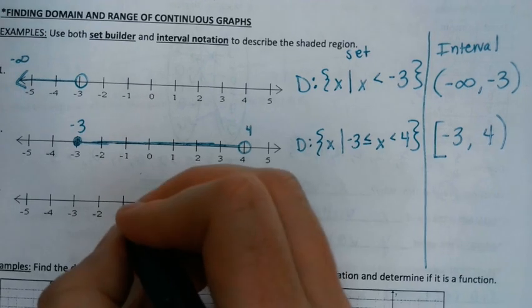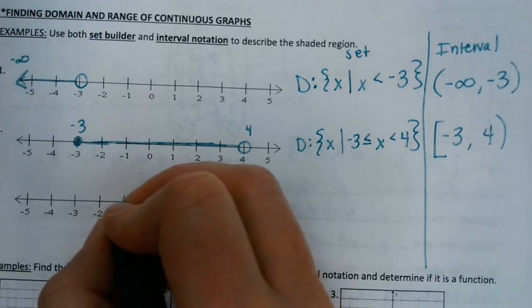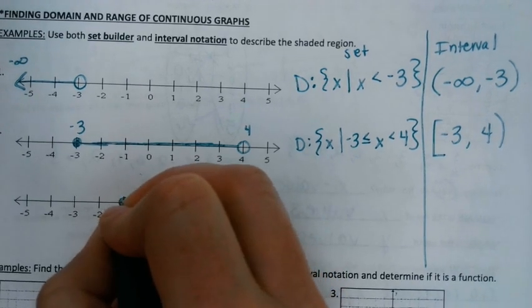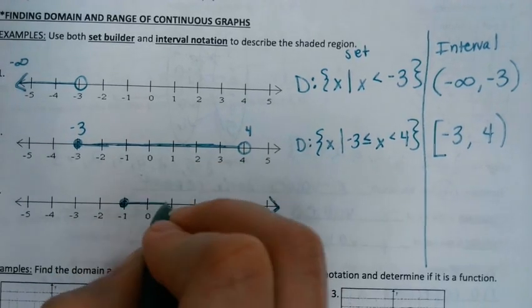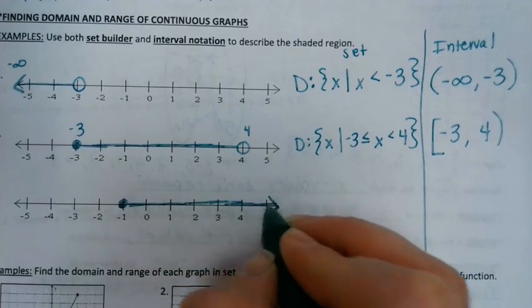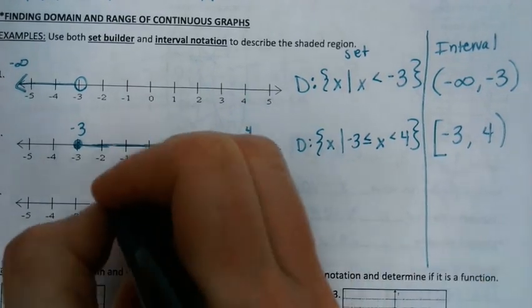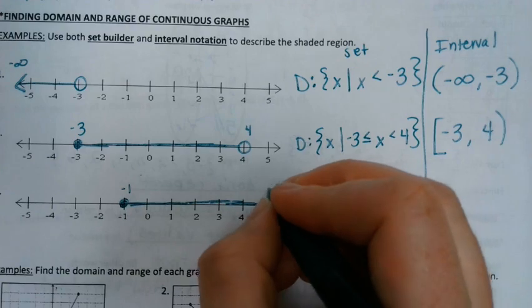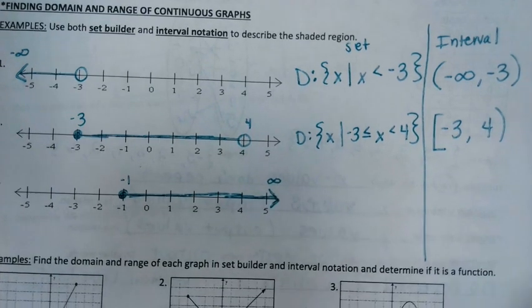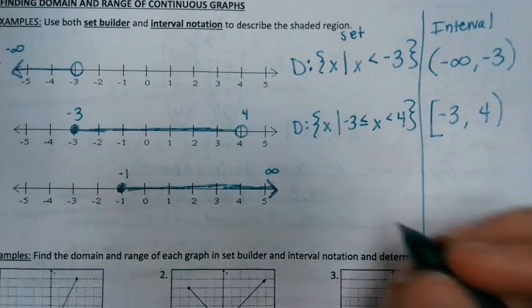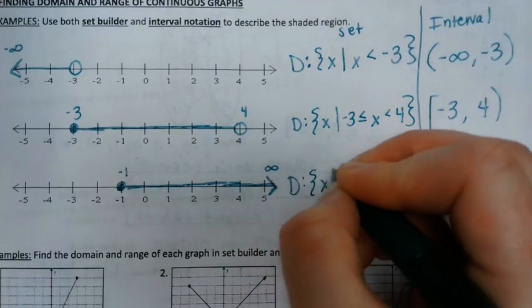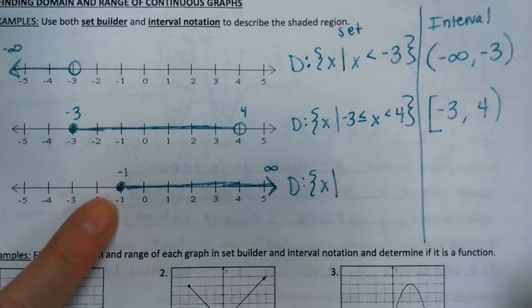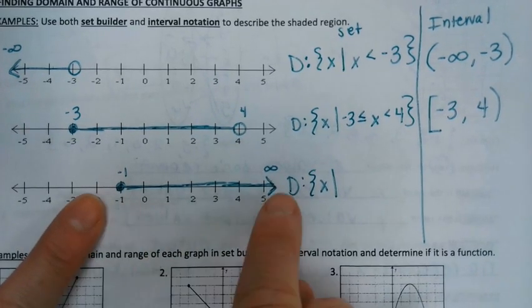Okay, and then the last example for this is we have a closed circle on -1 and an arrow. So let's fill in this. So this is at -1 and it goes to infinity. So that's how you would describe it. And that's going to help us with our interval notation. So let's say domain is the set of all x such that it goes from -1 to infinity.